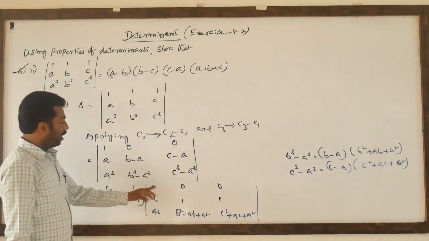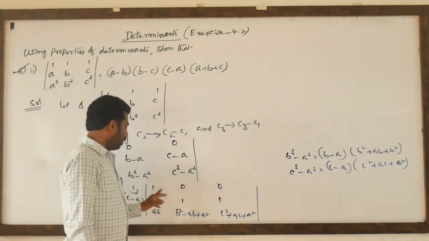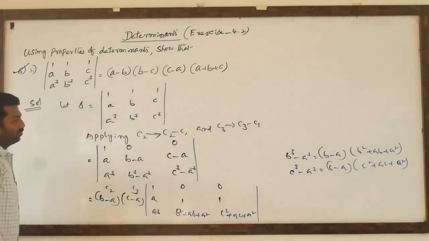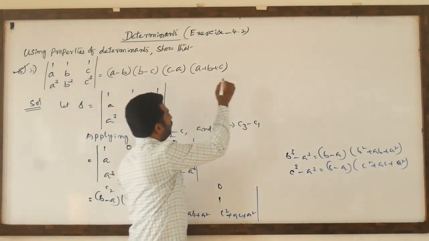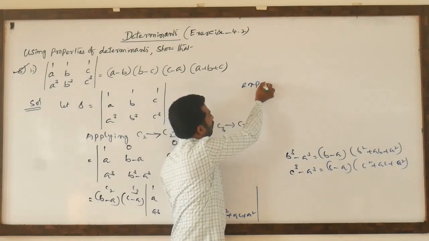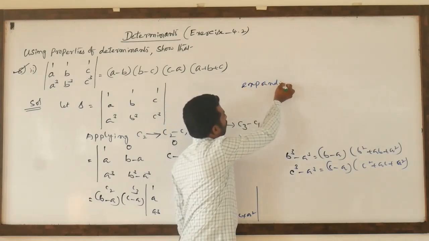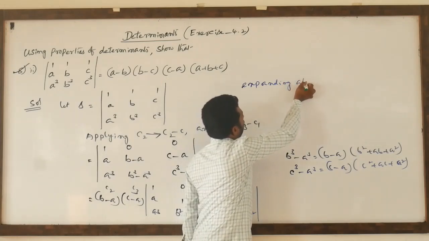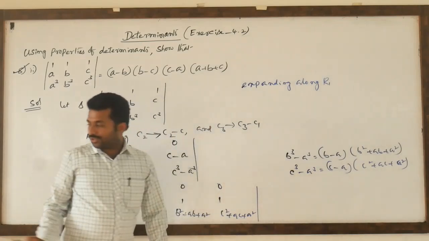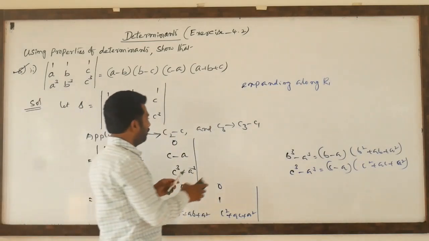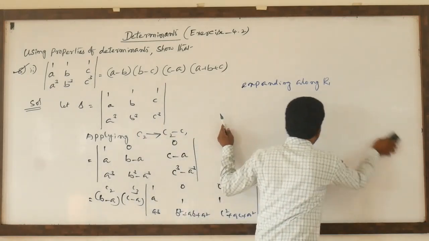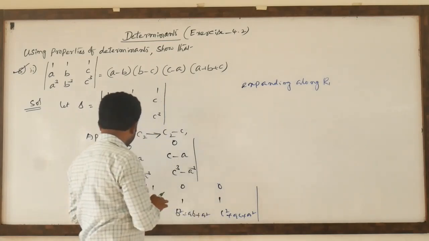See here, already two elements in the first row are 0, 0, so we can expand along the first row. So expanding along R1, what will we get?